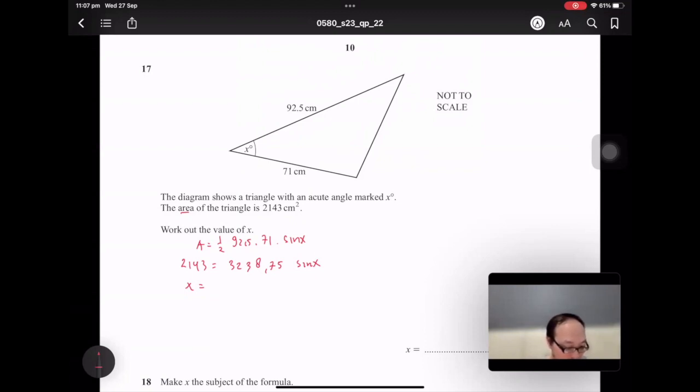And then we do the sine inverse. So this is 40.7 degrees.